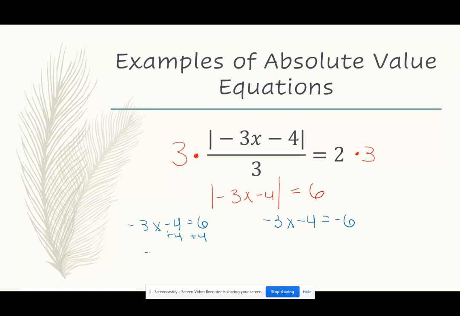Solve them. So we add 4. Here we get x equals 10 divided by negative 3. And here we get x equals 2 over 3. So again, having fractions is okay, just keep it as a fraction.